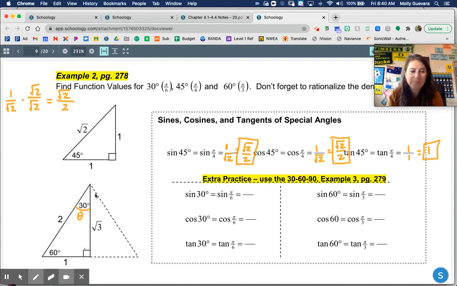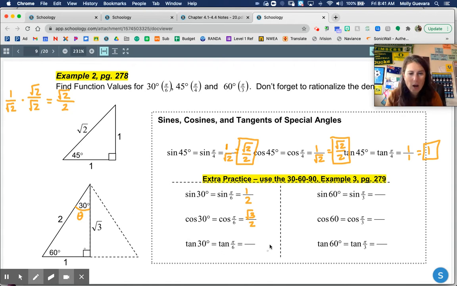So if I'm looking at 30, opposite is 1 and hypotenuse is 2. So it's 1/2. So not so bad. Cosine of pi over 6 or 30 degrees is adjacent, which is root 3 over 2. Again, that's great.